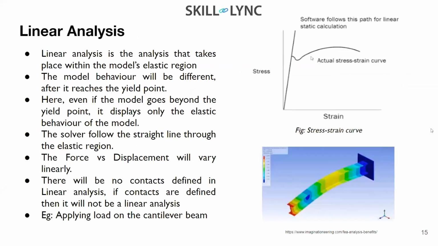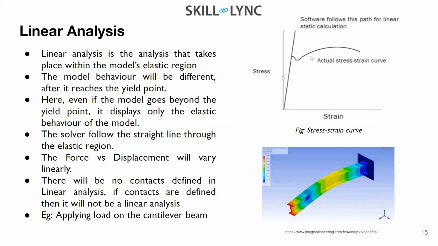Okay, and then linear analysis. In terms of your material, linear analysis means exactly this. I hope every one of you has gone through strength of materials, in your college days or right now. You must have gone through the engineering stress versus engineering strain graph.